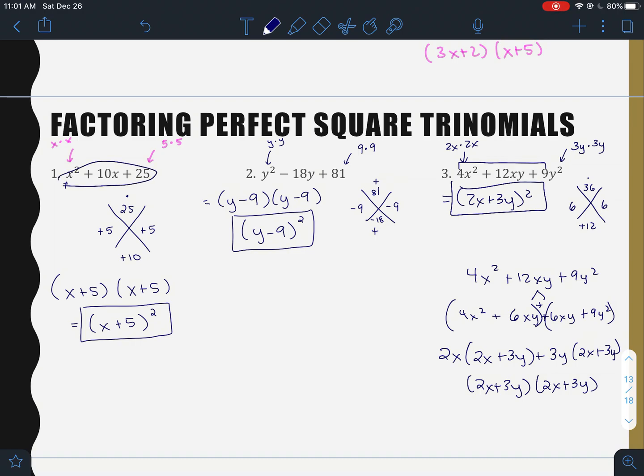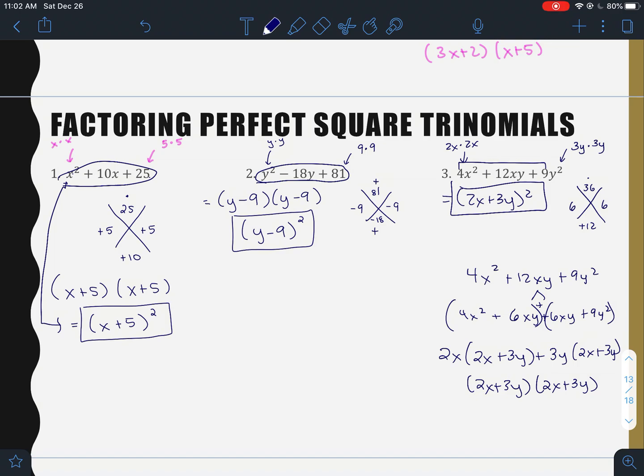So now let's look at those three examples. x squared plus 10x plus 25: when I factored that, I'd get x plus 5 squared. Notice x squared is x times x, 25 is 5 times 5, and I ended up with x plus 5 squared. In y squared minus 18y plus 81, I got y times y and 9 times 9.